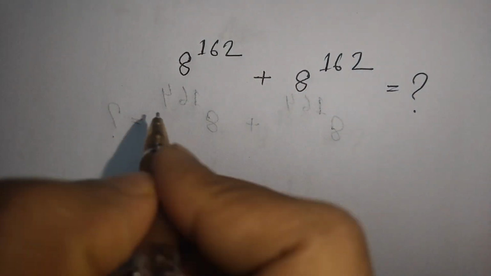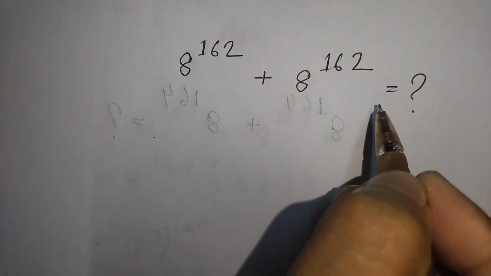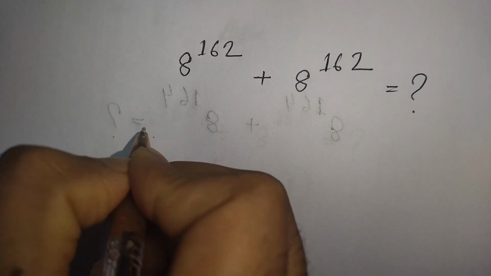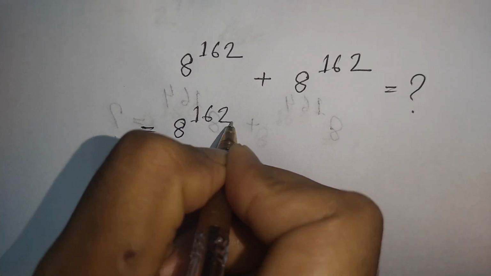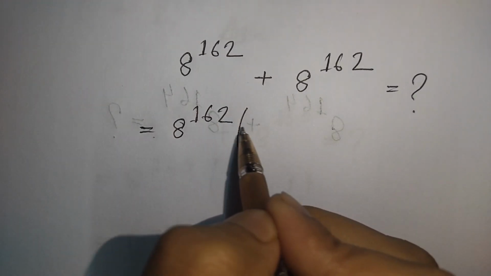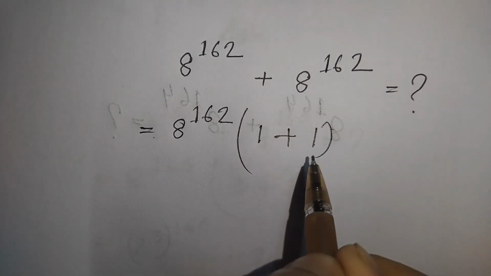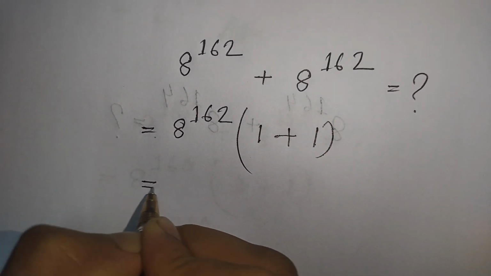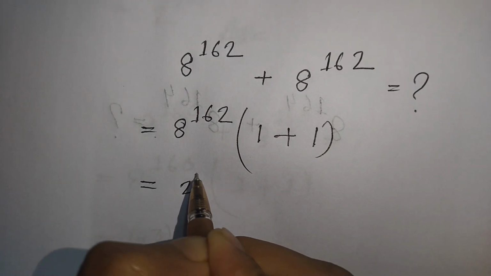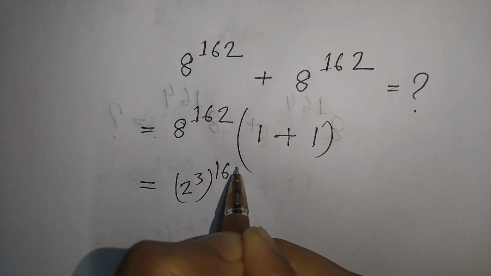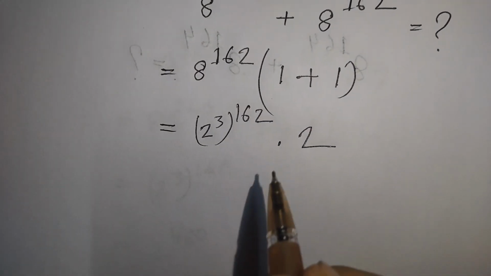So this is how to solve it. Now another example: 2 to the power 486 plus 2 to the power 486 is equal to what? At first you take common 2 to the power 486, first bracket start, this divided by this, that means 1, plus this divided by this, that means 1. Then 2 to the power 486 times (1 plus 1), that means 2.